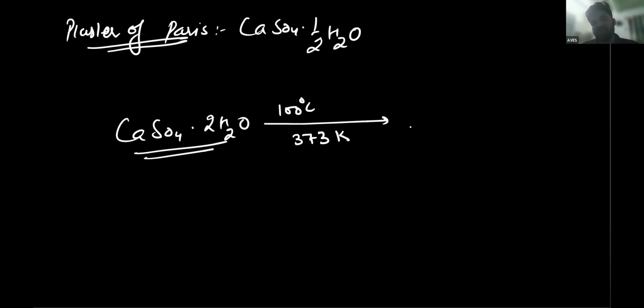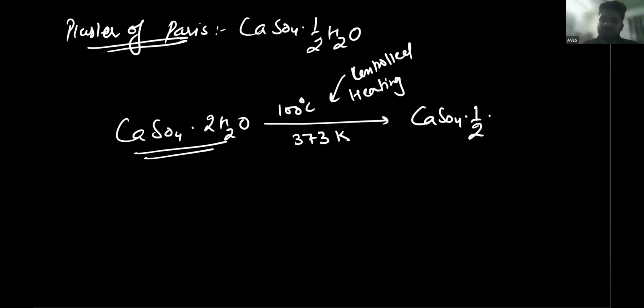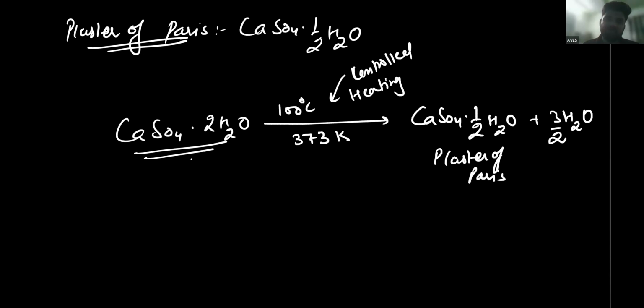So we can simply say that this will become plaster of Paris. Out of 2, the 3/2 water molecules will evaporate and half a water molecule will remain per unit formula of the compound. So this is called plaster of Paris, and this is gypsum.